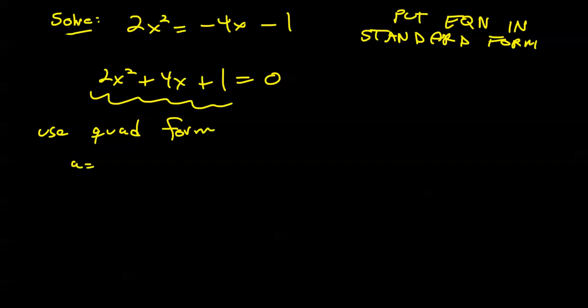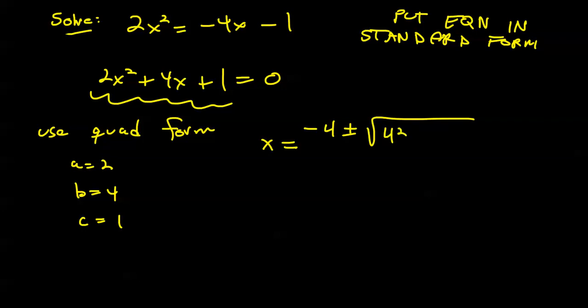Here my a value is positive 2, my b value is positive 4, my c value is positive 1. So x equals minus b plus or minus the square root of b squared minus 4 times a times c, all over 2 times a.